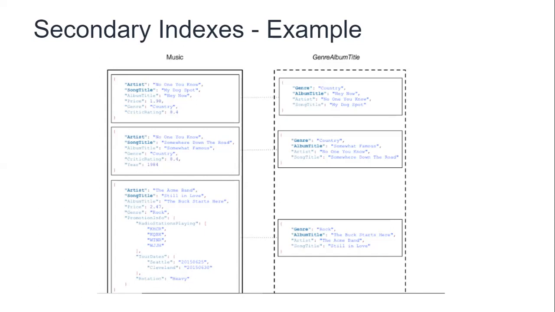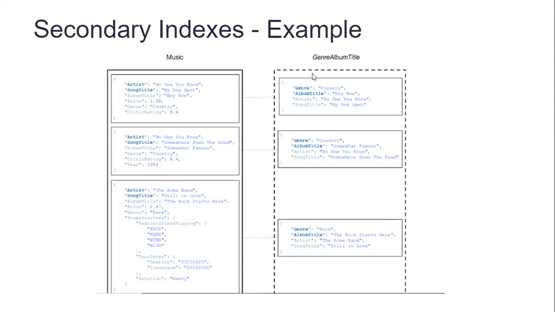And so this would be a global secondary index, because the partition and sort keys of the secondary index are different from what is in the original table. In the original table, your partition key is artist and your sort key is song title. In your secondary index, your partition key is genre and your sort key is album title. So this becomes a global secondary index.